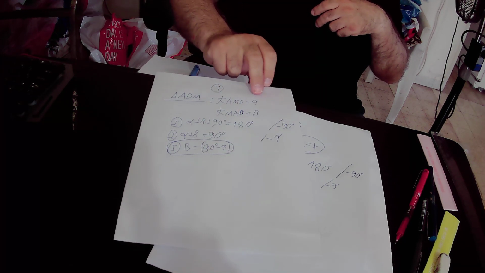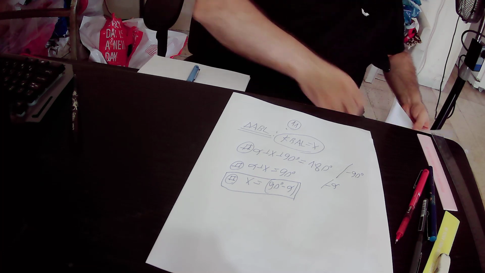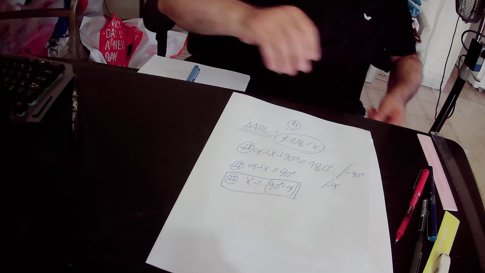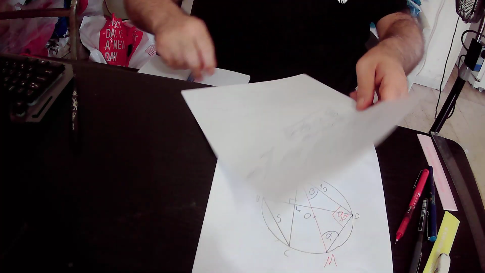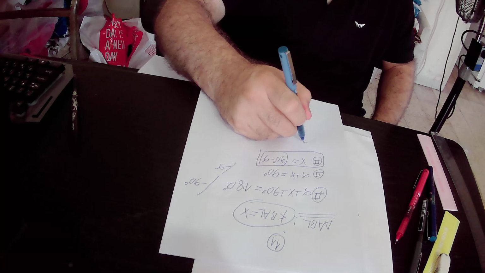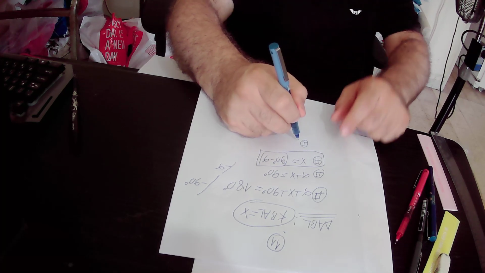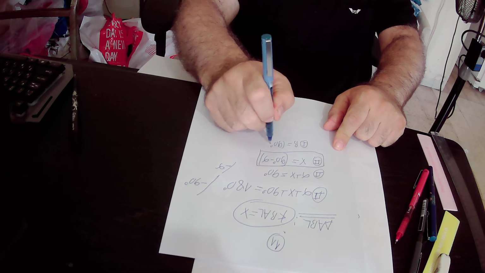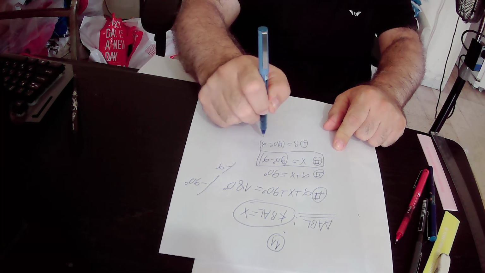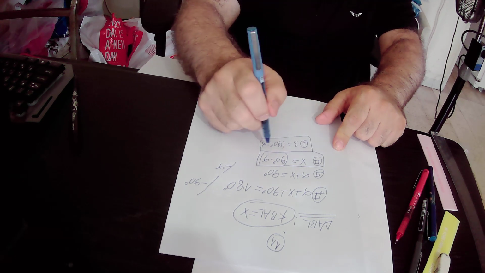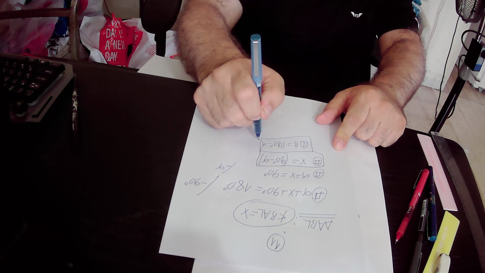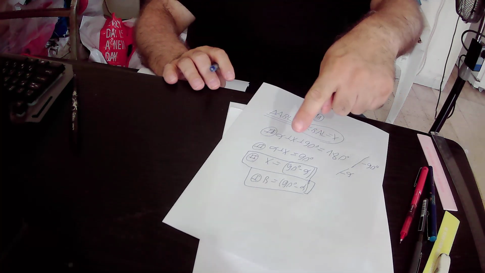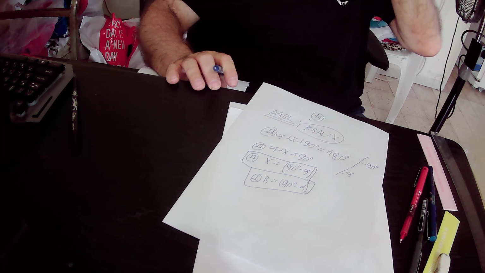So I write it down: according to equation number 1, beta also equals 90 degrees minus alpha.